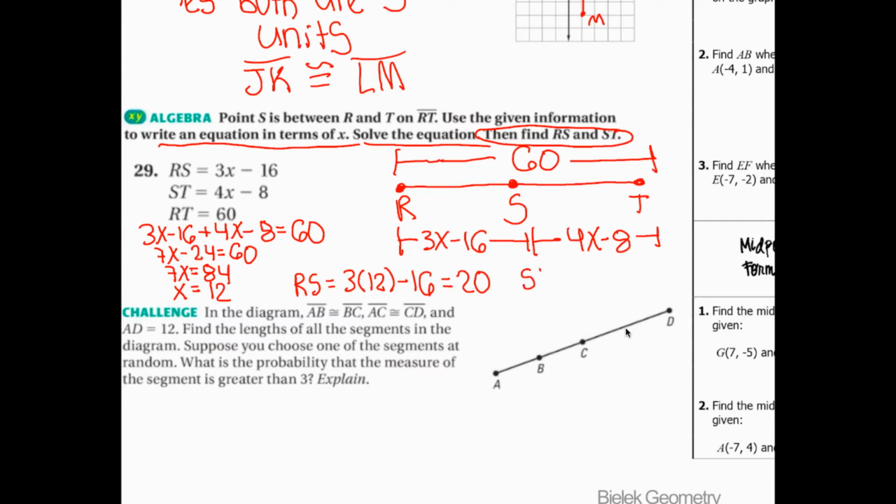And then ST is 4 times 12 minus 8. So 48 minus 8, which is 40. And then just to double check, 20 plus 40 is 60. So that looks great. We did it correctly. So my final answer here would be RS is 20, ST is 40.